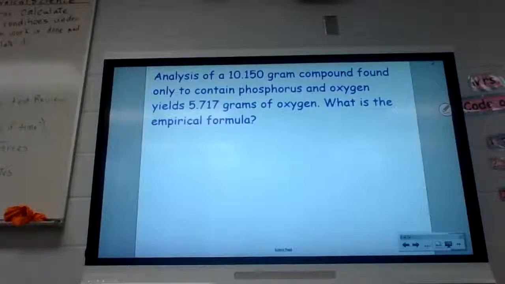So when you look at this question, what's different about this one and the other ones we've done? They're already in grams, so we're not going to have to change anything. What else is different? You only have 2 elements. It's a compound. So one of the masses is a combined mass. It's not separated.